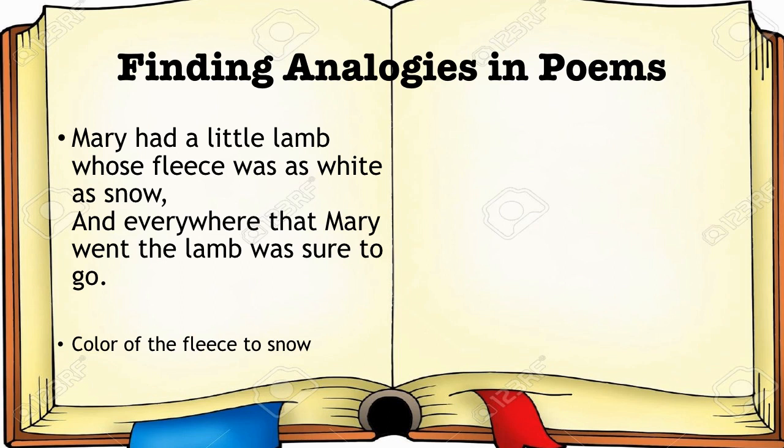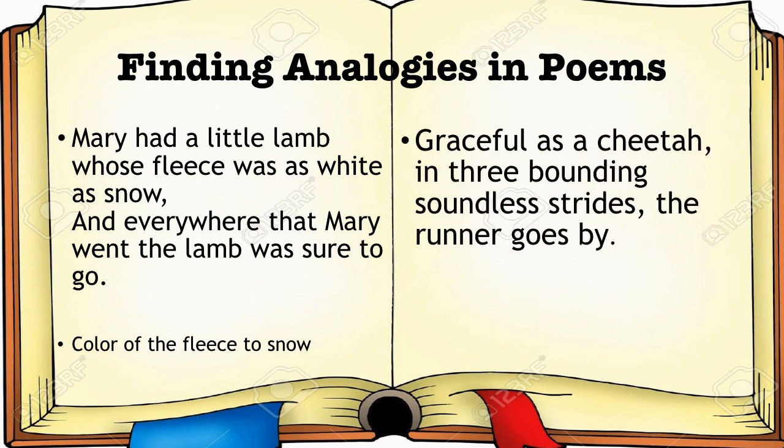And if you remember back some lessons ago that we taught, whose fleece was as white as snow is actually an example of a simile. Good job, boys and girls. Let's look at our next point. Graceful as a cheetah, in 3 bounding soundless strides, the runner goes by. So, what is being compared in this poem here?